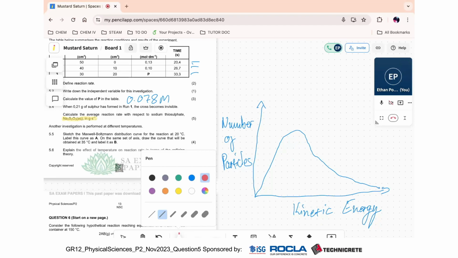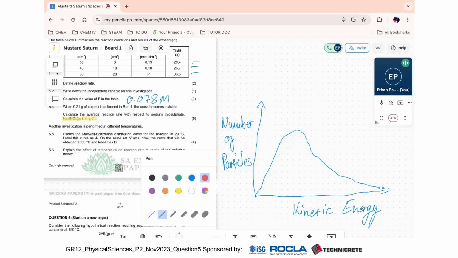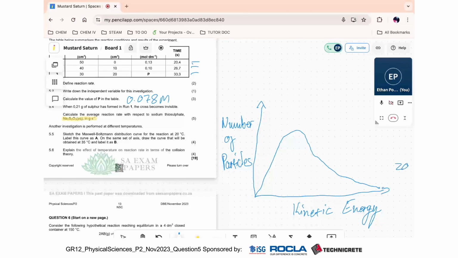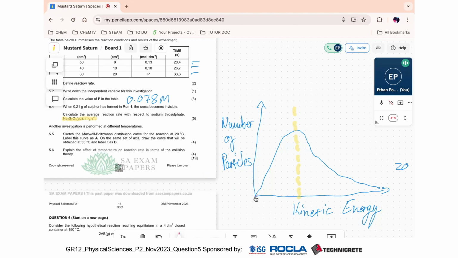So as you can see, for the first one, let's say this is the one at 20. So 20 is in blue. We can see that right about here, our kinetic energy is kind of low. So at 34, we're going to have more kinetic energy.